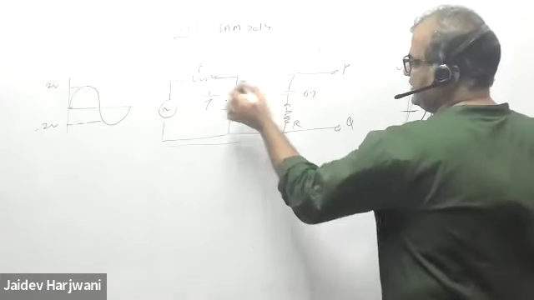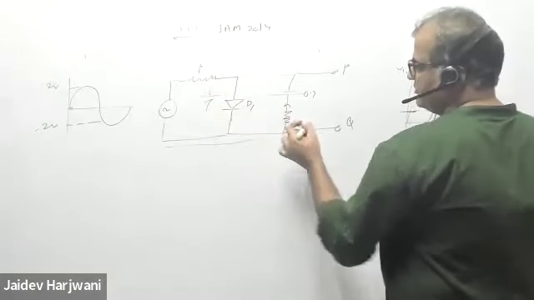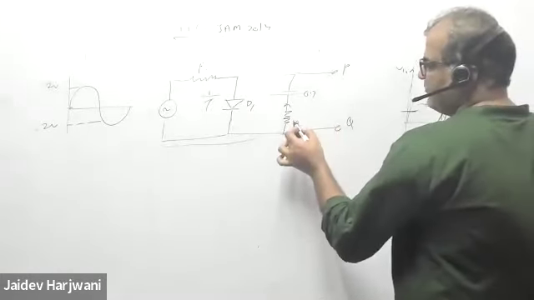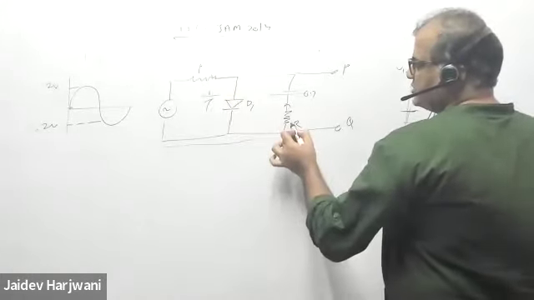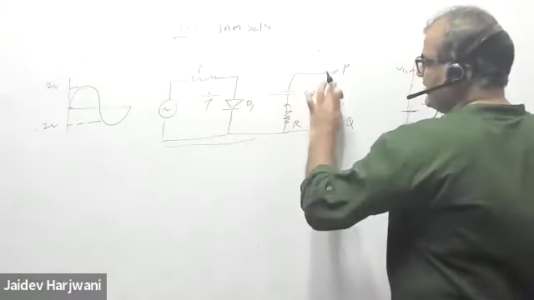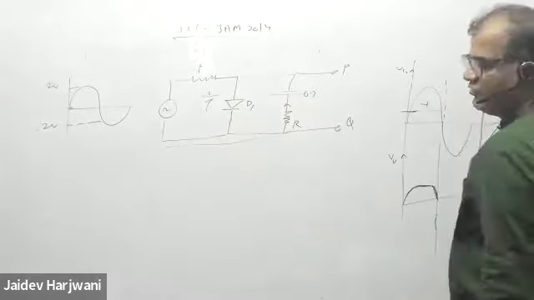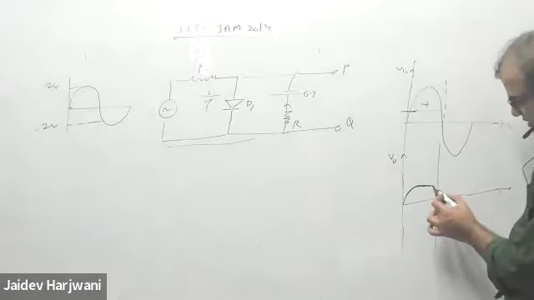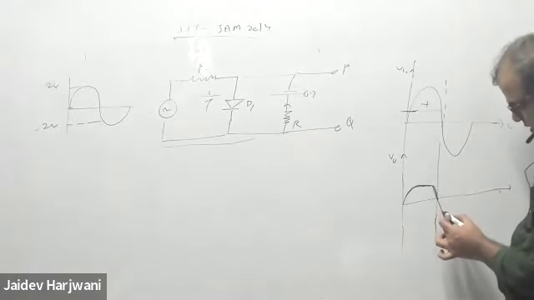But current is flowing, so out of the maximum 2 volts, when the peak value is 2 volt, 0.7 is here, 1.4 will go here. So 1.4 means 0.7 here, 0.7 here. So the maximum output will go up to 1.4 volt. Okay, so it will get more than this one.